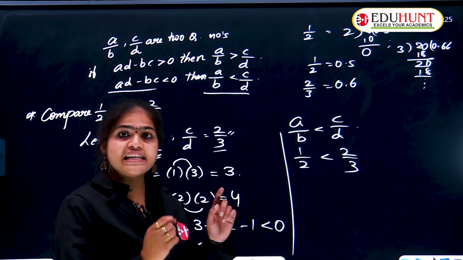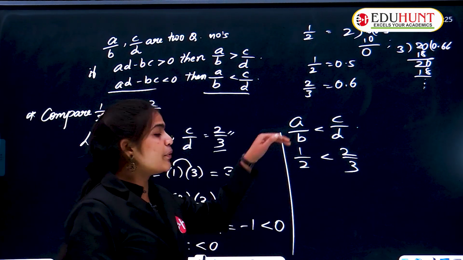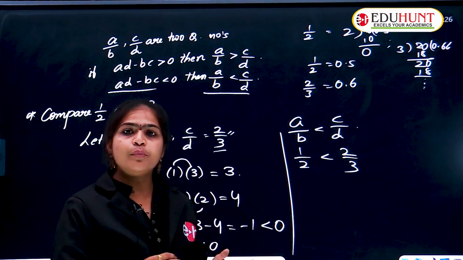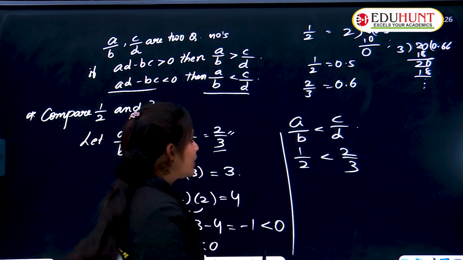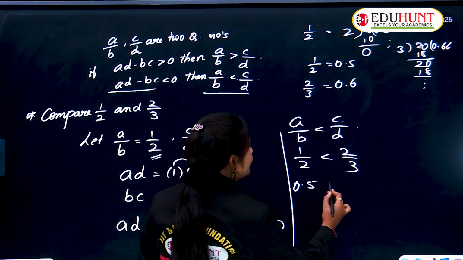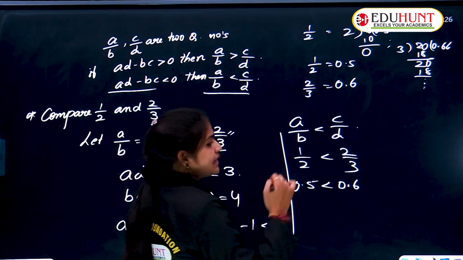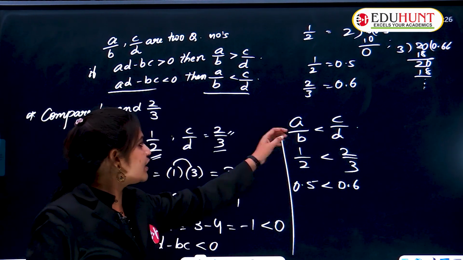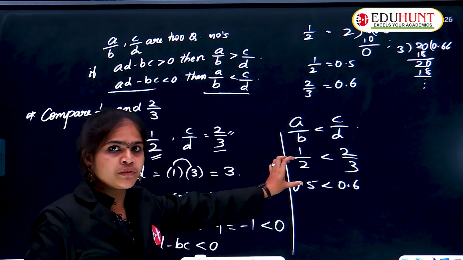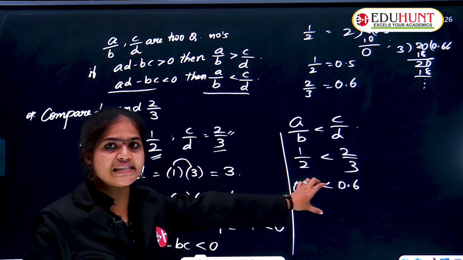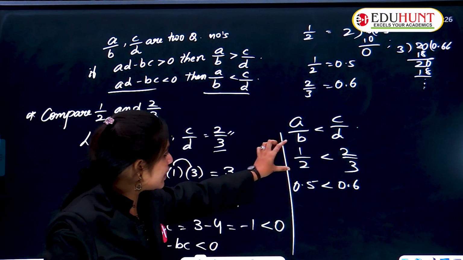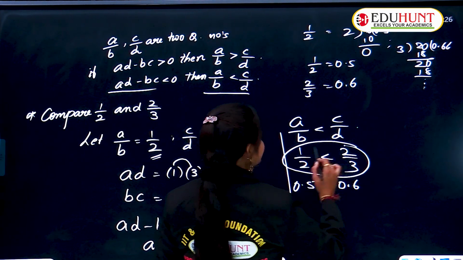Now observe, 0.6 is greater than 0.5, so 0.5 is less than 0.6. We got the same thing: 1 by 2 is less than 2 by 3.